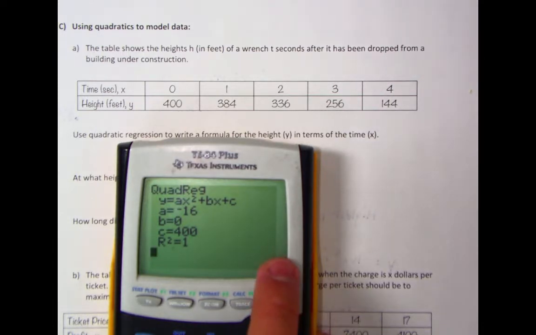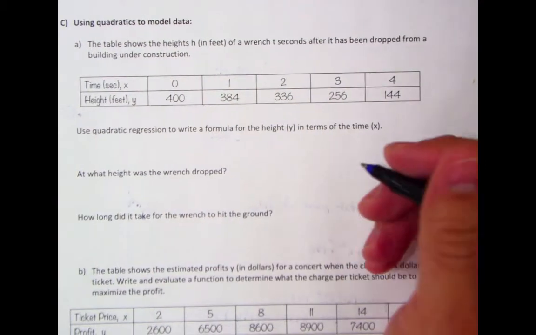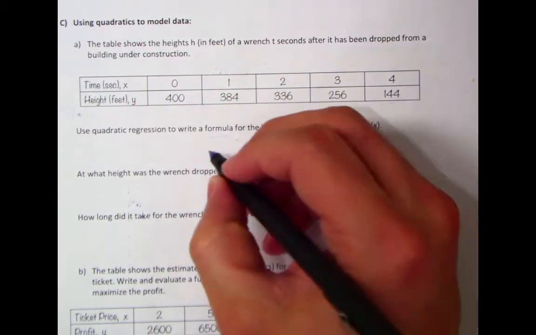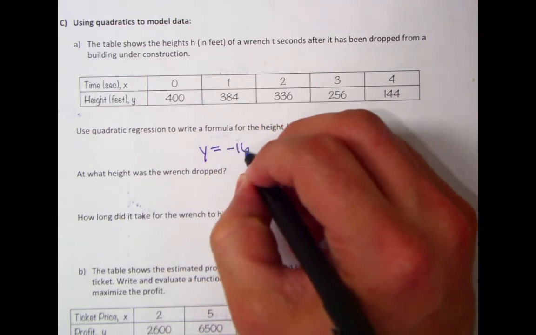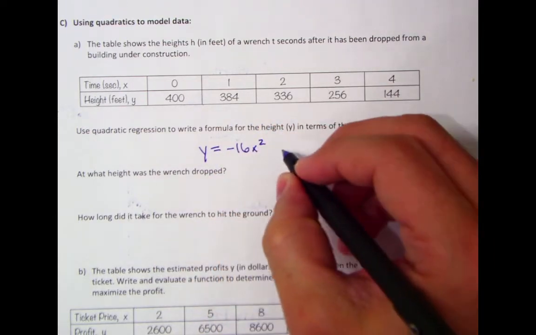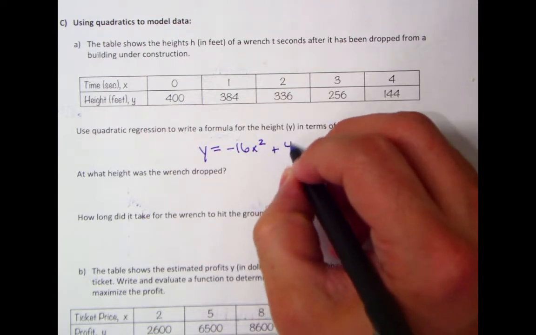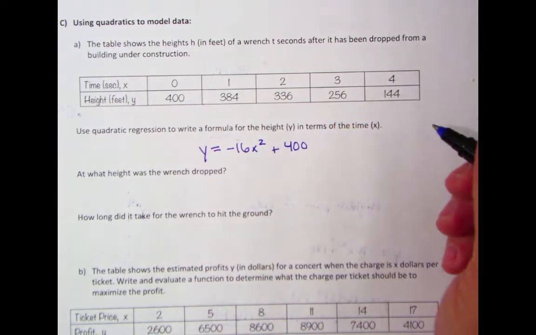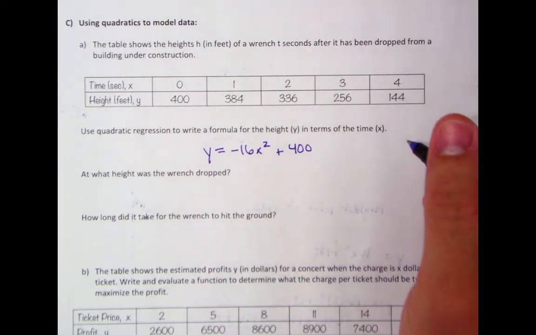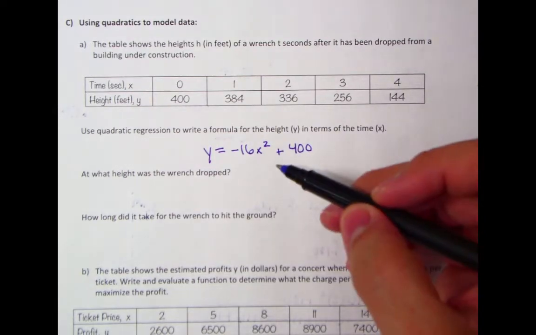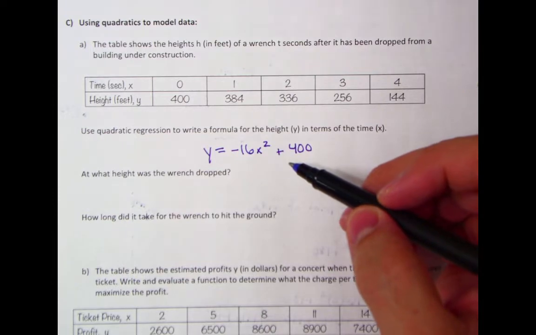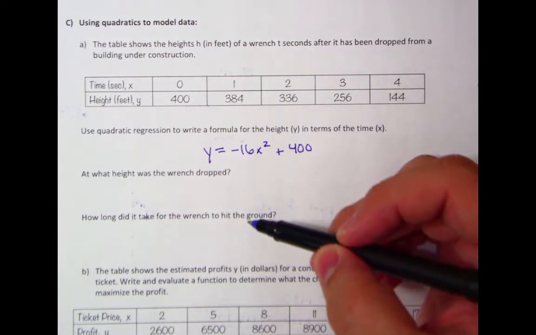So what we're going to do, I'm going to set this aside, is I'm going to write my equation. My quadratic equation here is y equals negative 16x squared. There is no b term, and plus 400. So that'll serve as my function. And now I can use that function to plug into Desmos to figure out the rest of this.